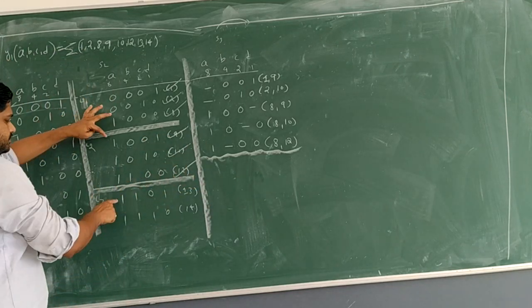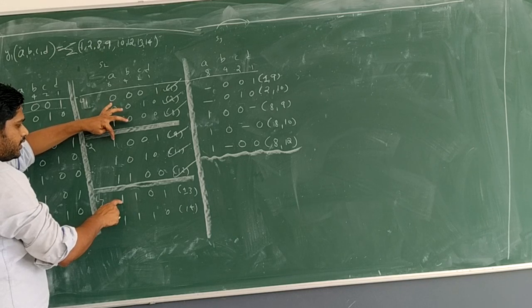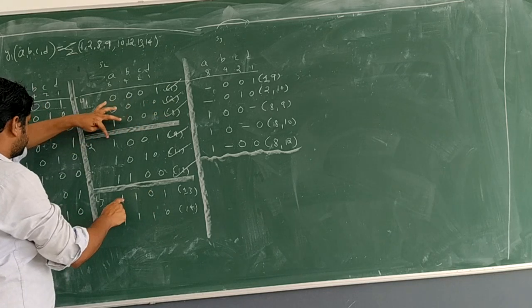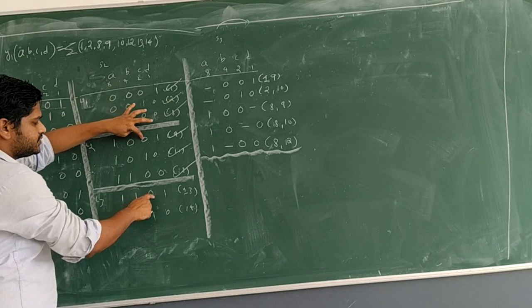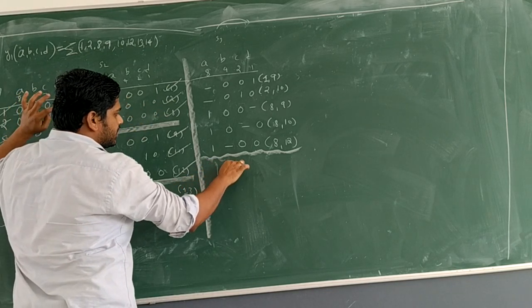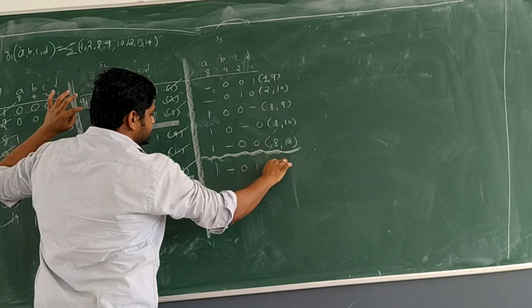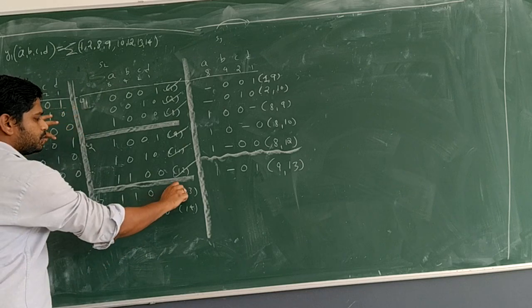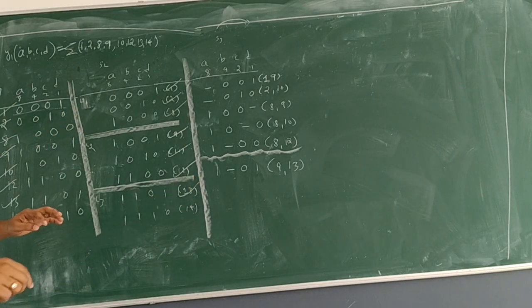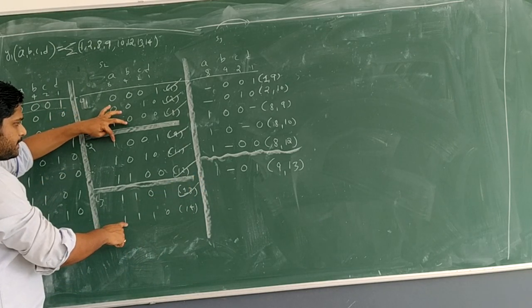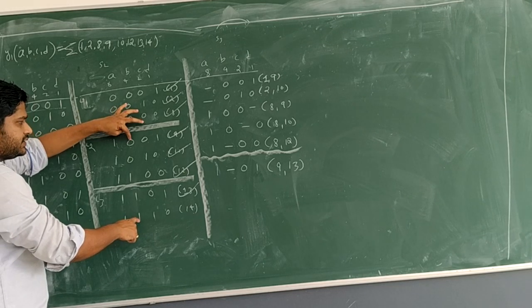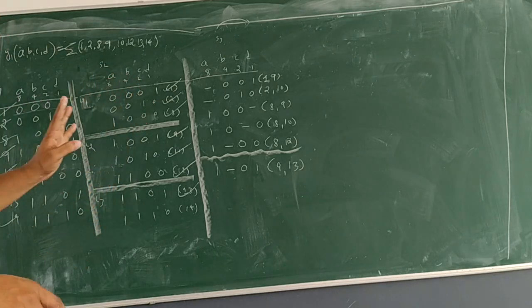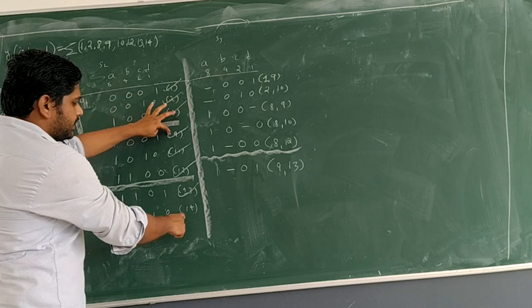So 9 with 13: A same, B different, C same, D same. Hence 1, hyphen, 0, 1. That is group 9, 13. Put a pass mark for 13. 9 with 14: A same, B different, C different. We got 2 differences, so we will neglect 9 with 14.